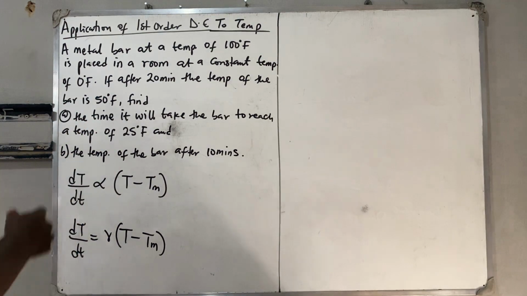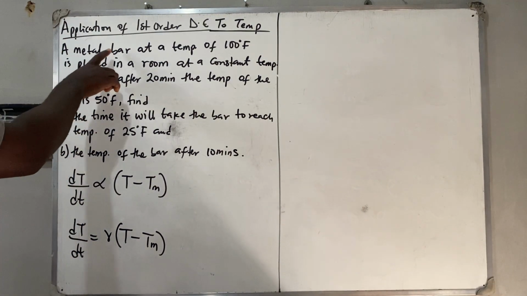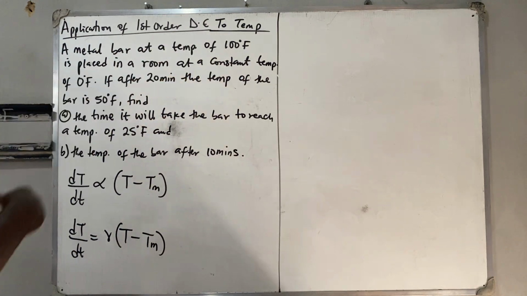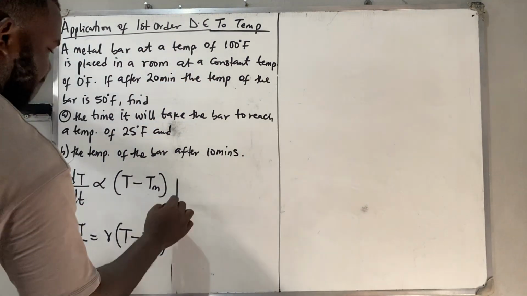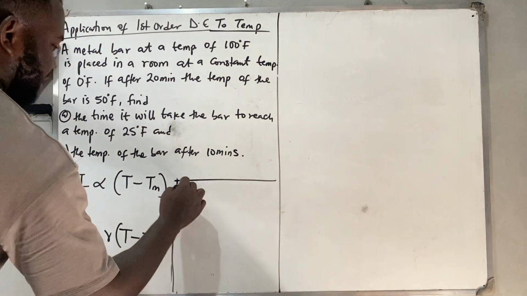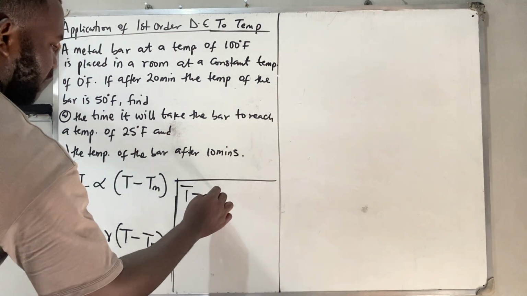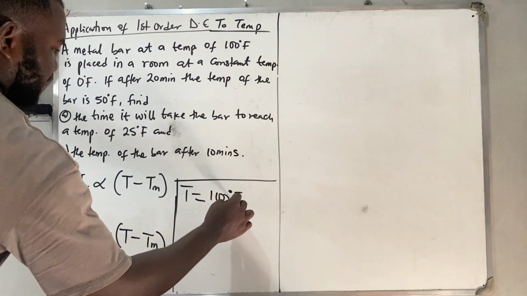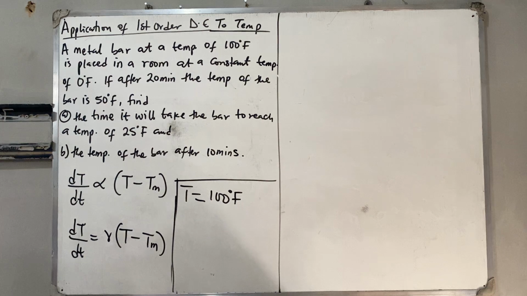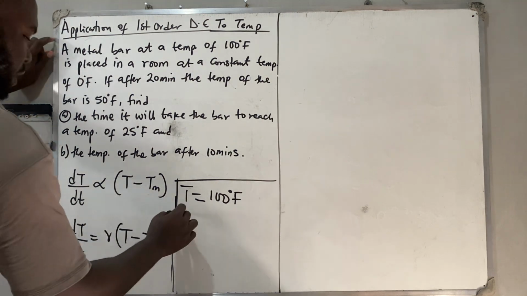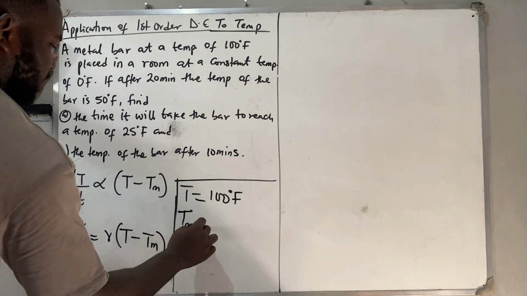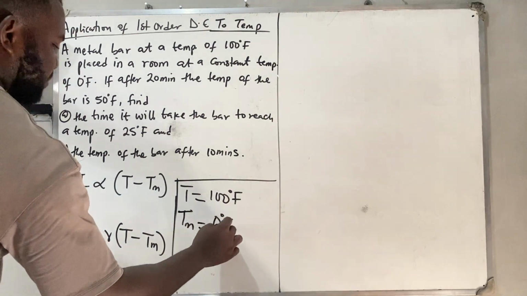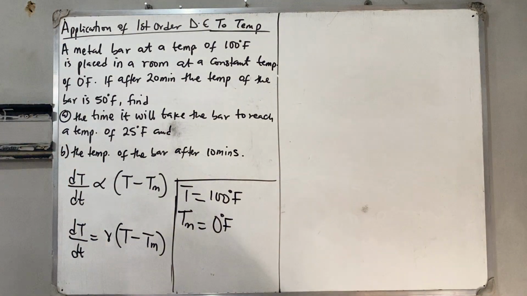If you look at it, they say that a metal bar at a temperature of 100 degrees Fahrenheit is placed in a room at a constant temperature of 0 degrees Fahrenheit. That is, the temperature of the surrounding is now 0 degrees Fahrenheit.